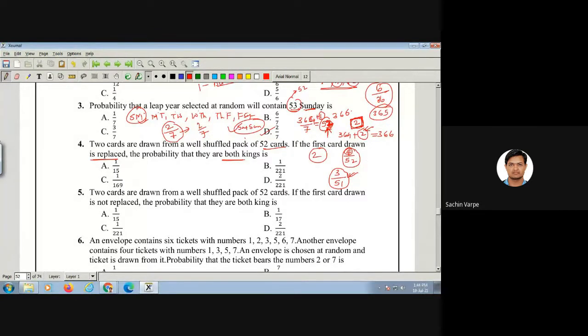But if the first king card is replaced, then again there will be 4 king cards out of 52. So 4 by 52 into 4 by 52 will be the required probability. That is 1 by 13 into 1 by 13, which is 1 upon 169.